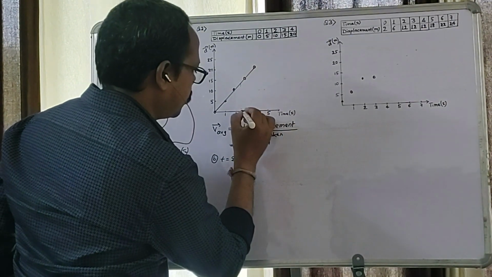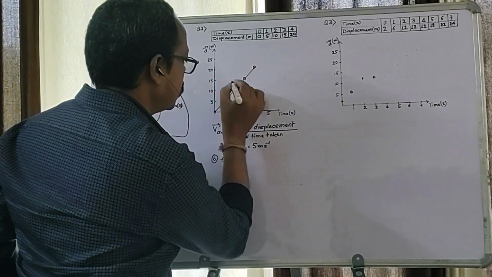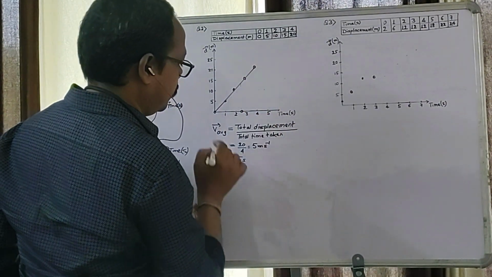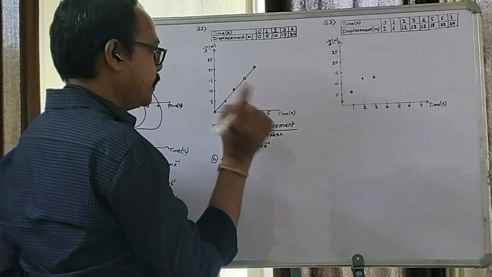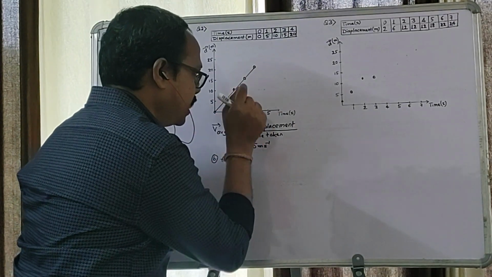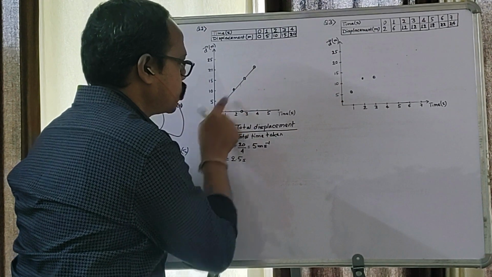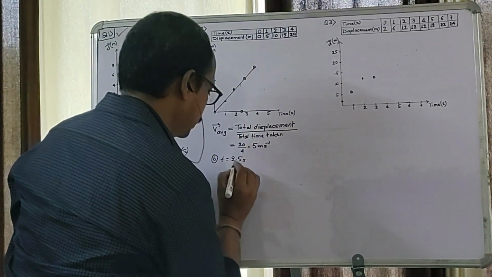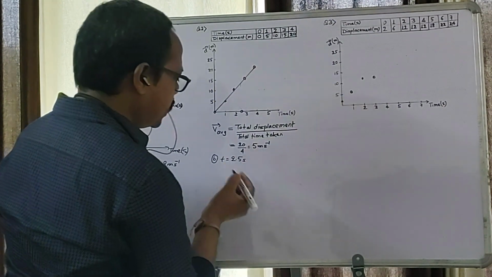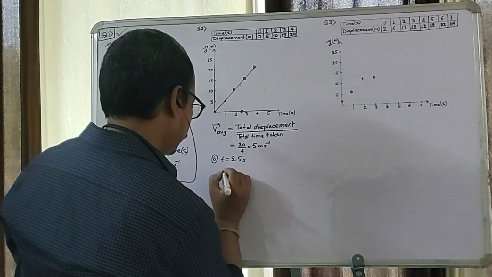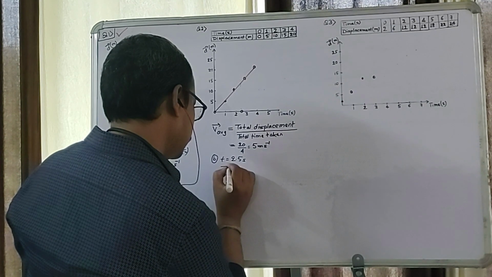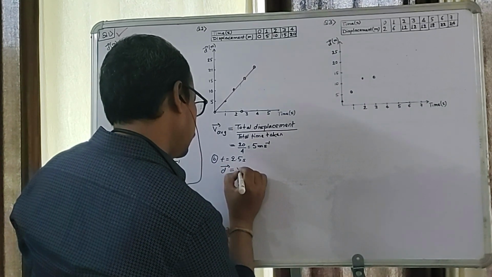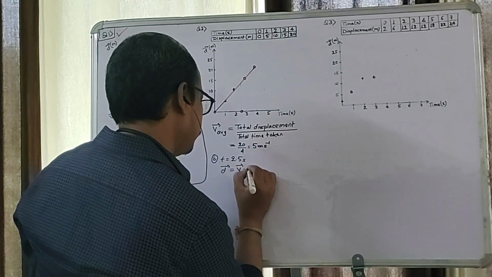Either with the help of a scale you go and measure this, or since you have calculated the average velocity, which is the same as instantaneous velocity in this case because the slope of the curve is constant, you can find the displacement as velocity into time.